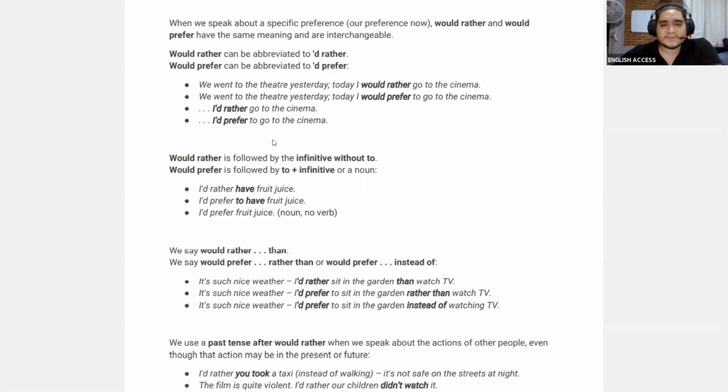Now, would rather is always followed by a verb in its simple form, and would prefer is followed by the infinitive form of the verb. That means the preposition to plus the verb. Okay, and we have three examples here.